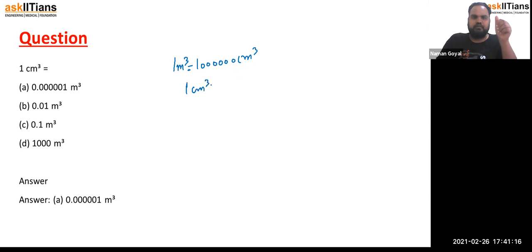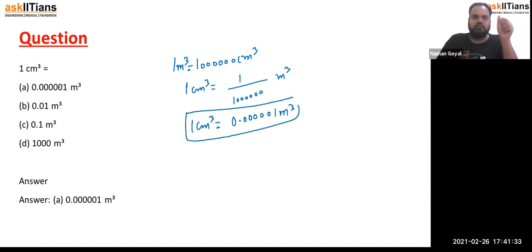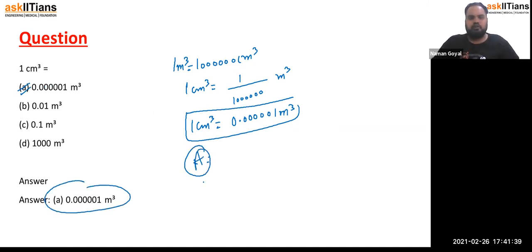So 1 centimeter cube is equal to 1 upon 1,000,000 meter cube, isn't it? So 1 centimeter cube is equal to 0.000001 meter cube. So option A again is the correct answer. Okay. Are you getting my point? Okay.